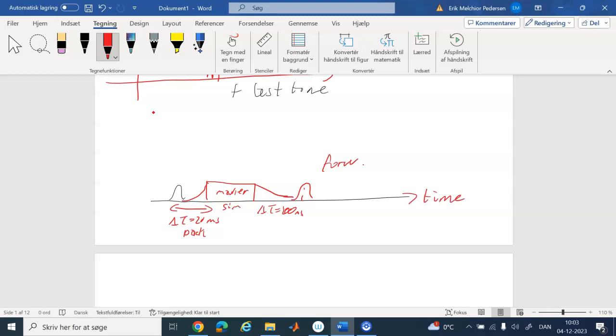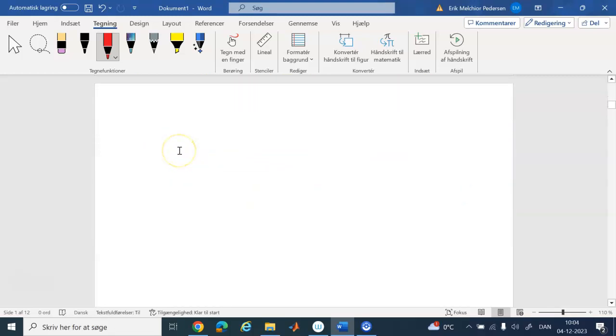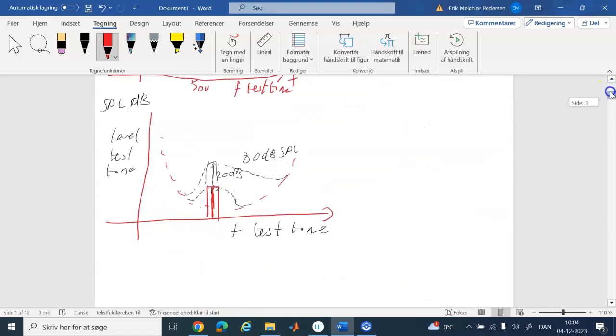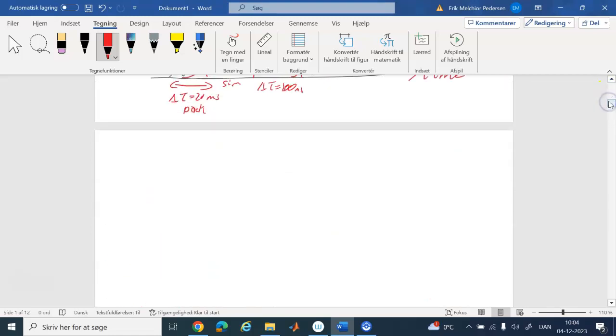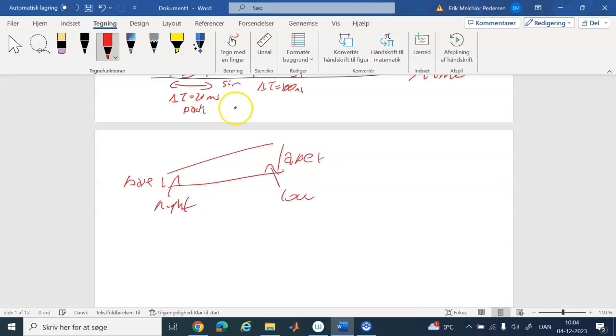Then I will go to the basilar membrane. Again you have this frequency selectivity: at the base, high frequencies, is very stiff, and at the apex, broader, lower frequencies.